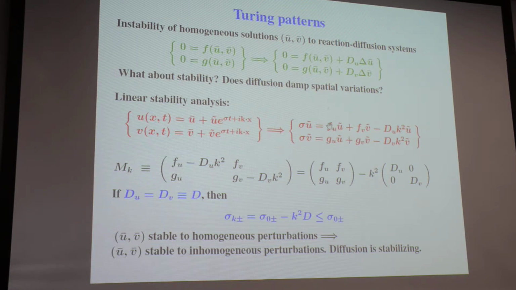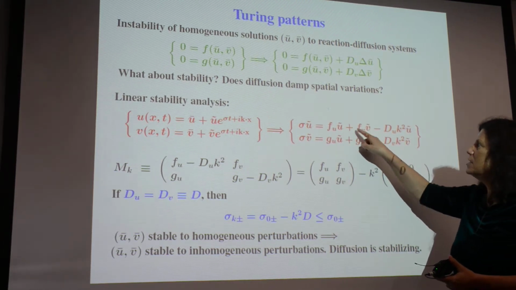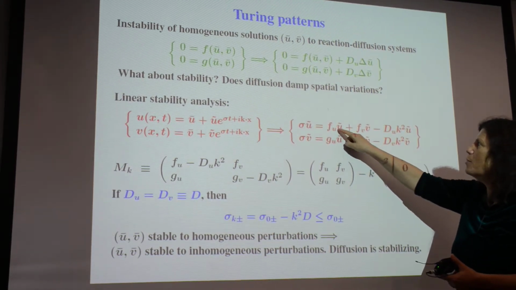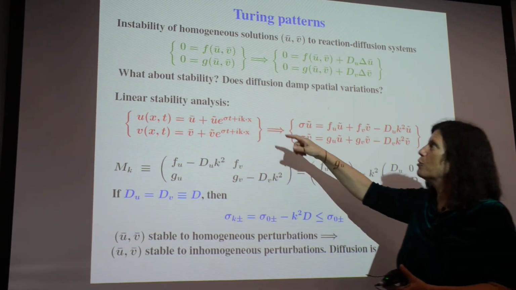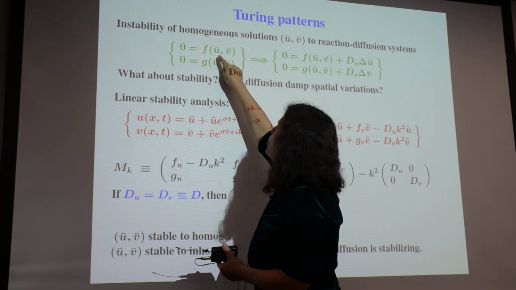We have the derivatives df du, df dv, dg du, dg dv. It's not written, but we are supposed to evaluate those at the fixed point u bar, v bar. Be careful to distinguish here between the bars and the tildes. These are tildes here, but we evaluate these. Remember the Jacobian, the partial derivatives are functions of where you evaluate them, and we're evaluating them at the fixed point u bar, v bar.